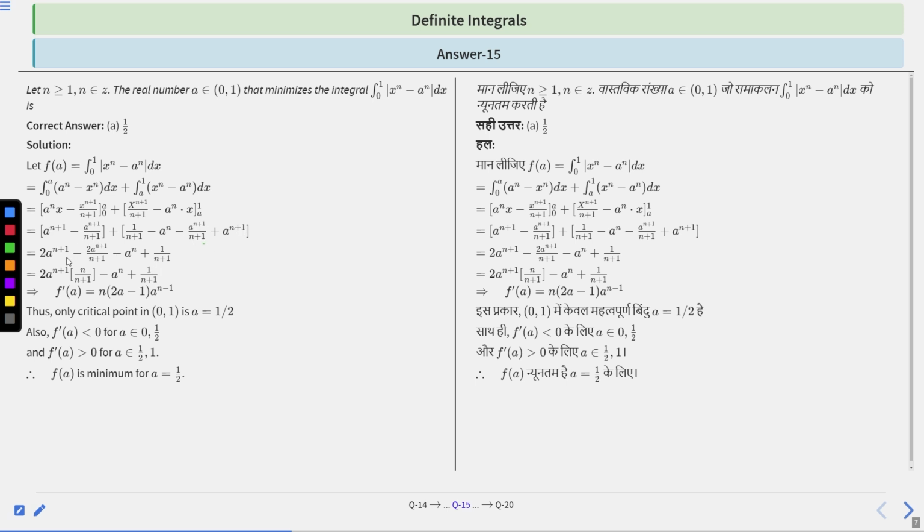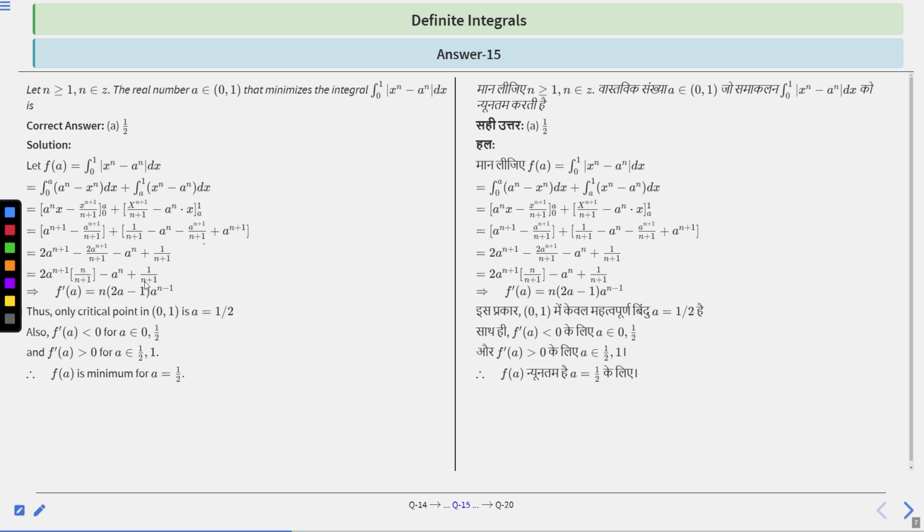After solving, you will get 2a^(n+1) − 2a^(n+1)/(n+1) − a^(n+1)/(n+1)... Therefore, it is equal to 2a^(n+1)·n/(n+1) − a^n + 1/(n+1). Therefore, f(a) is this one.